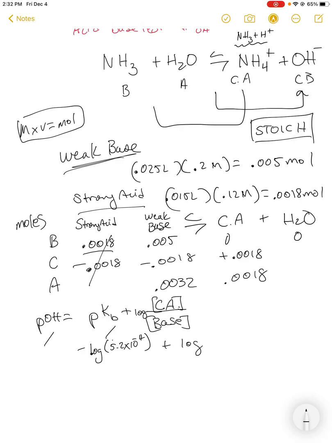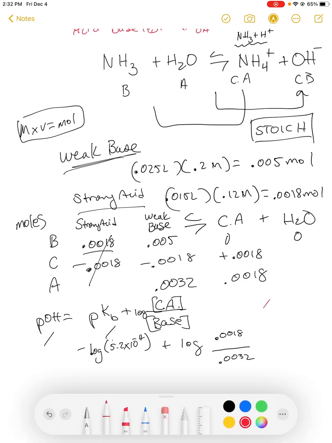Log of the conjugate acid over the weak base. Okay, now, don't forget that in Henderson-Hasselbalch, we don't use moles, we use molarity, okay?